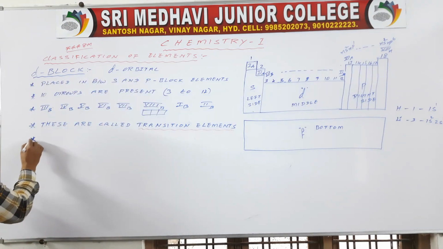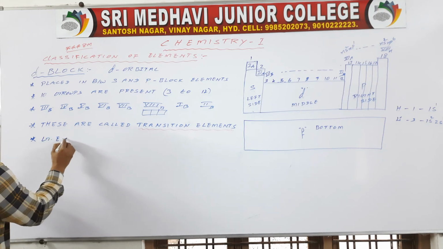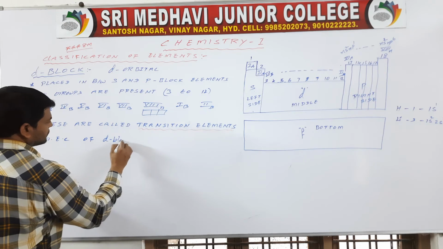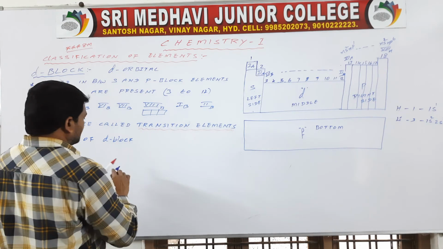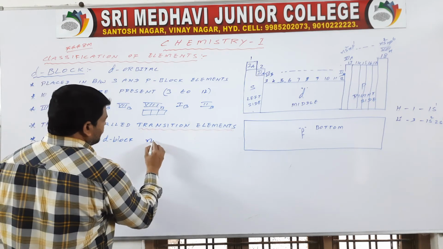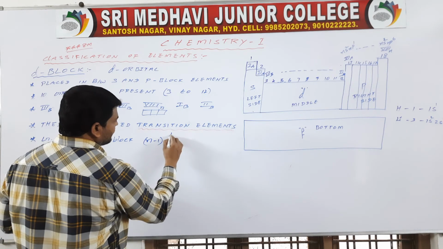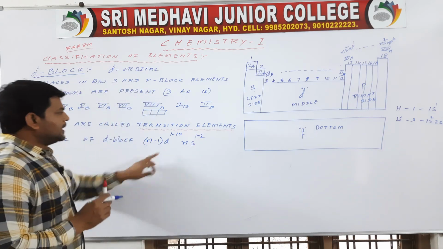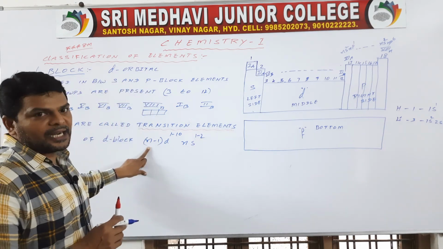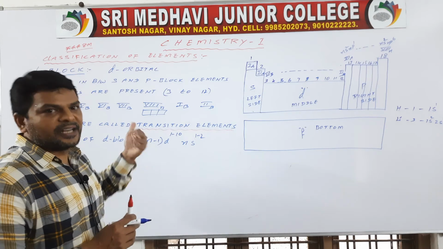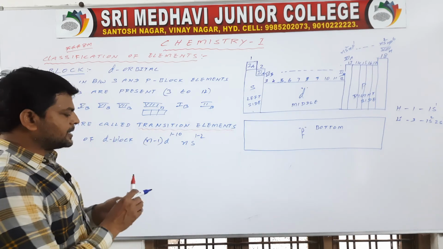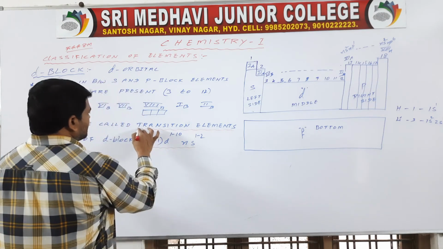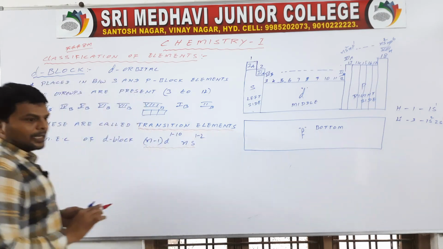Here the general electronic configuration of d block is n minus 1 d 1 to 10 ns 1 to 2. Here the ultimate shell and the penultimate shell are both partially filled, that's why these are called transition elements.